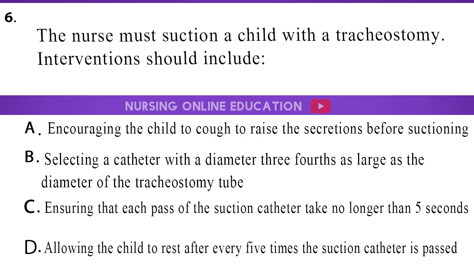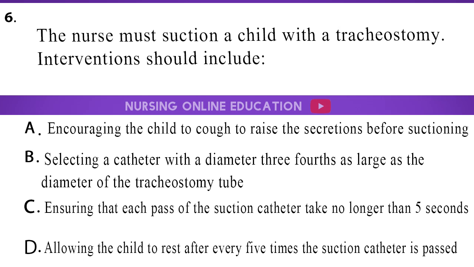6. The nurse must suction a child with a tracheostomy. Interventions should include: A. Encouraging the child to cough to raise the secretions before suctioning. B. Selecting a catheter with a diameter 3/4 as large as the diameter of the tracheostomy tube. C. Ensuring that each pass of the suction catheter takes no longer than 5 seconds.